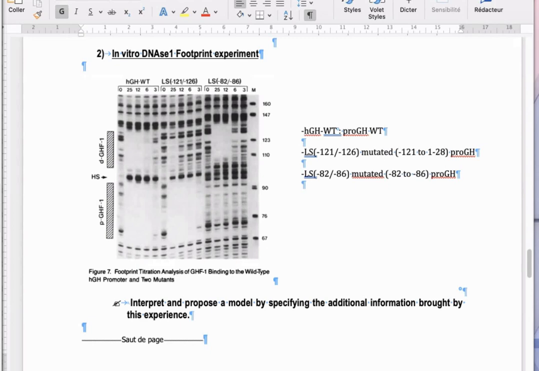Is it okay? Can you analyze this? Do you have an idea?